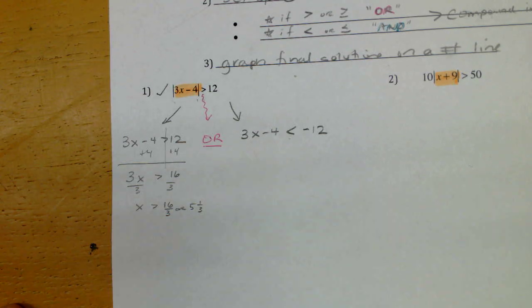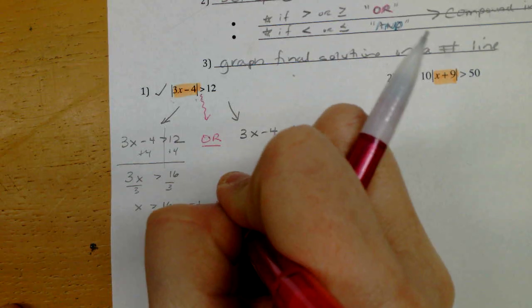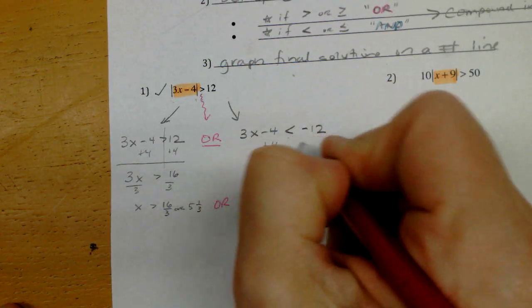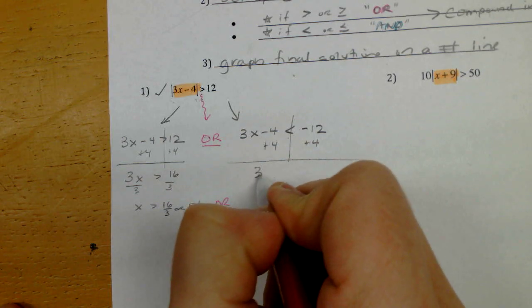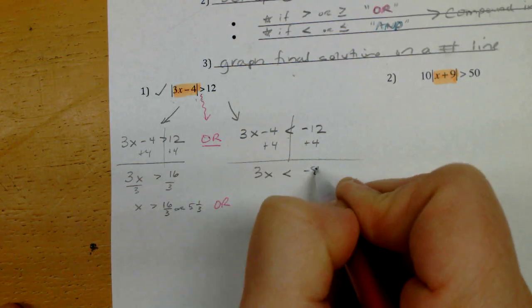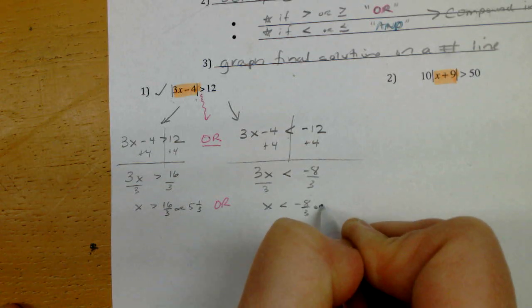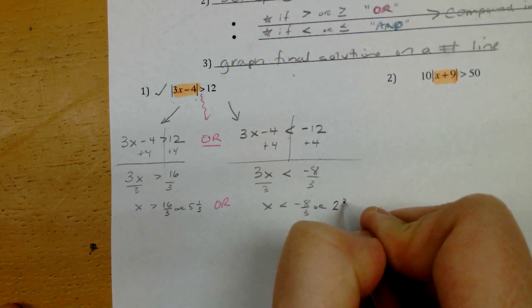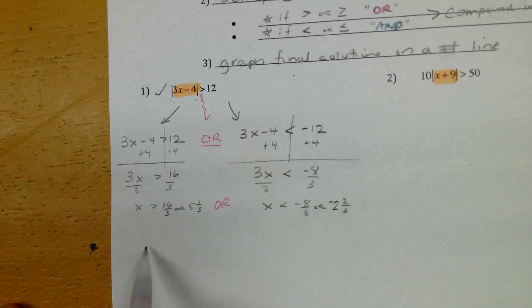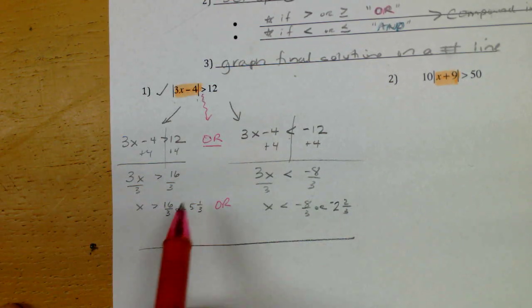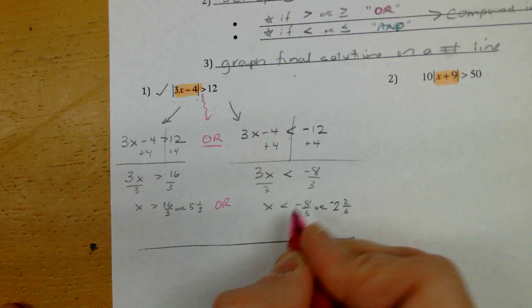Then I still have my or, so I'm going to write that in between. Then I'm going to solve this one. I'm going to add 4. Here's my little wall. 3x is less than -8. Divide by 3. X is less than -8/3, which is about -2 2/3. So on my number line, I have greater than 5 1/3.